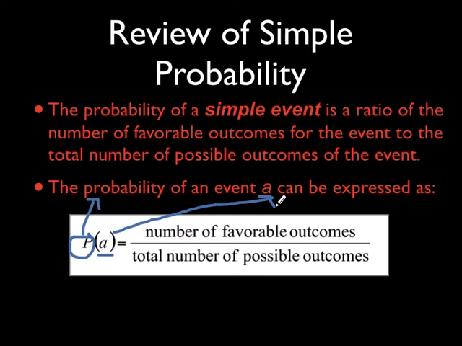So the number of favorable outcomes, depending on what you want to come out, over the total number of possible outcomes, that is a simple probability.